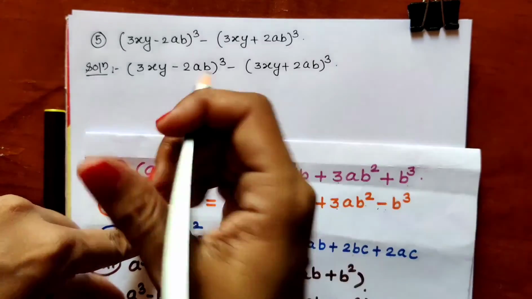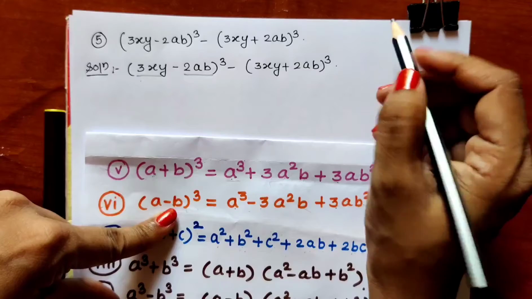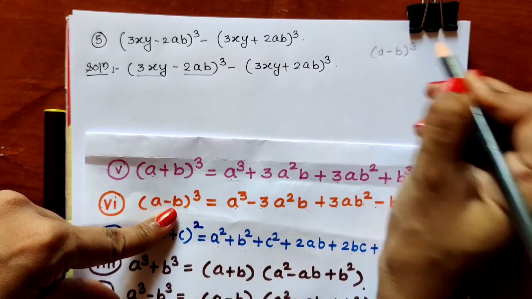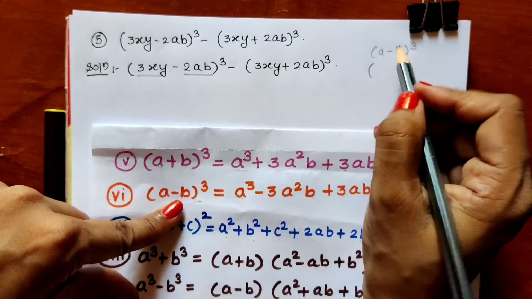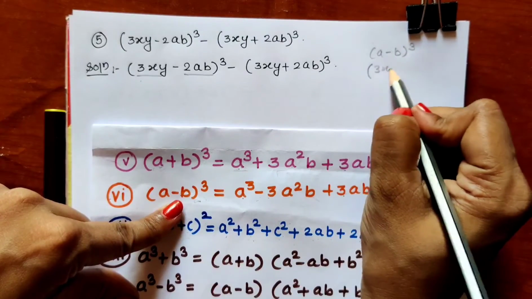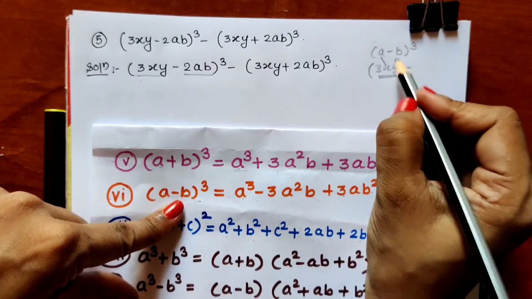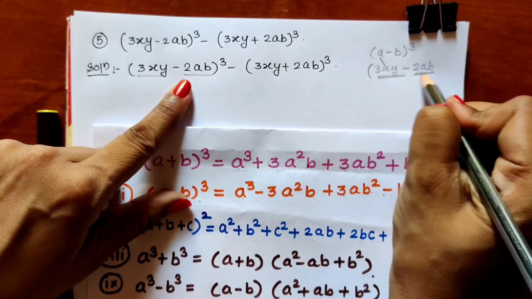This complete 3xy and 2ab. We are going to apply the formula (a minus b) whole cube. So in place of a we will be writing 3xy complete, minus in place of b we are going to write 2ab complete.